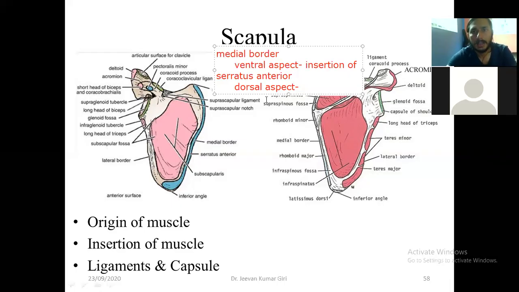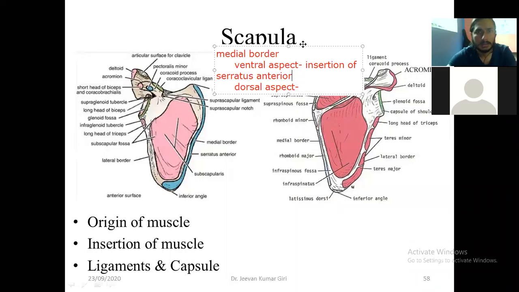Next, the muscles along the medial border on the dorsal aspect. You will find three muscles here. These three muscles are the levator scapulae, rhomboideus minor, and the rhomboideus major muscle.